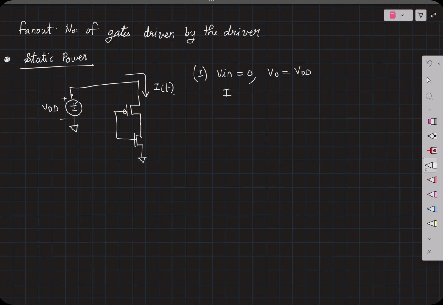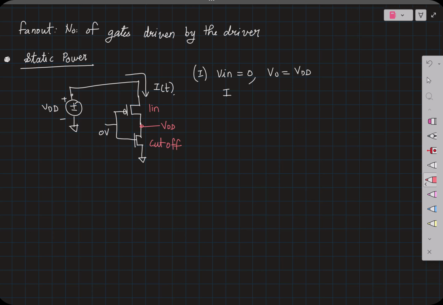Your PMOS transistor is in linear region, since the output is at VDD, where VSD is equal to 0. Current through the NMOS transistor is 0. Current through the PMOS transistor is also 0. Therefore, the total current being drawn from the supply is 0. Therefore, the static power under these conditions is 0 watts.